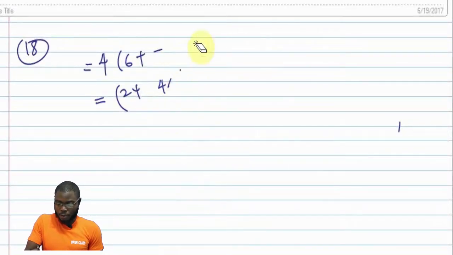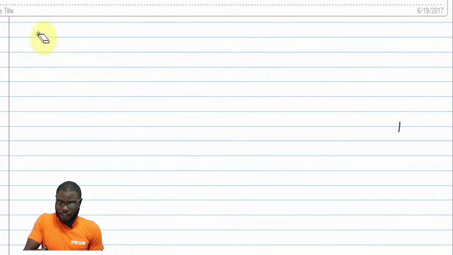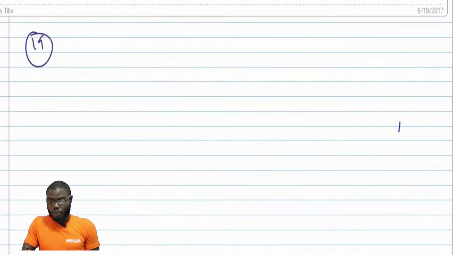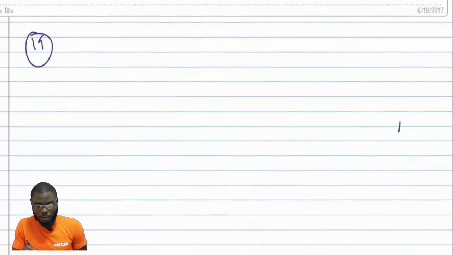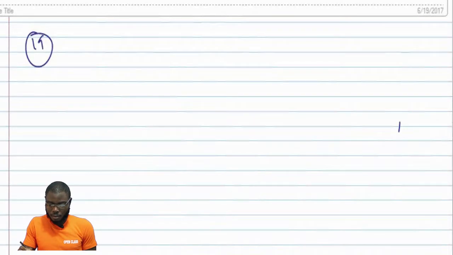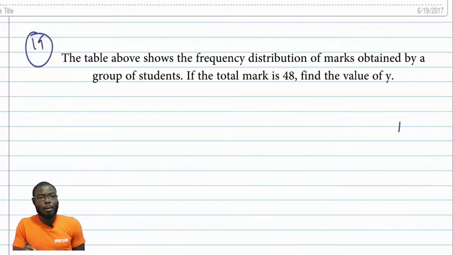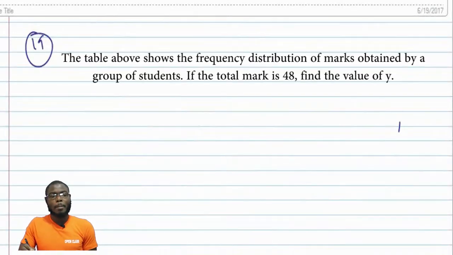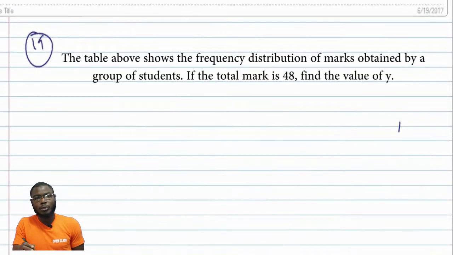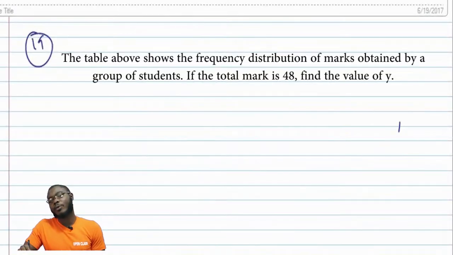All right, so let's go to question number 19. Question number 19 says the table above shows the frequency distribution of marks obtained by a group of students.